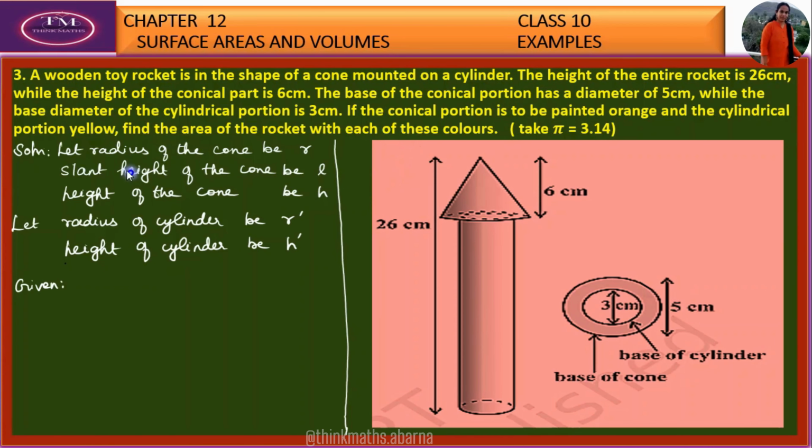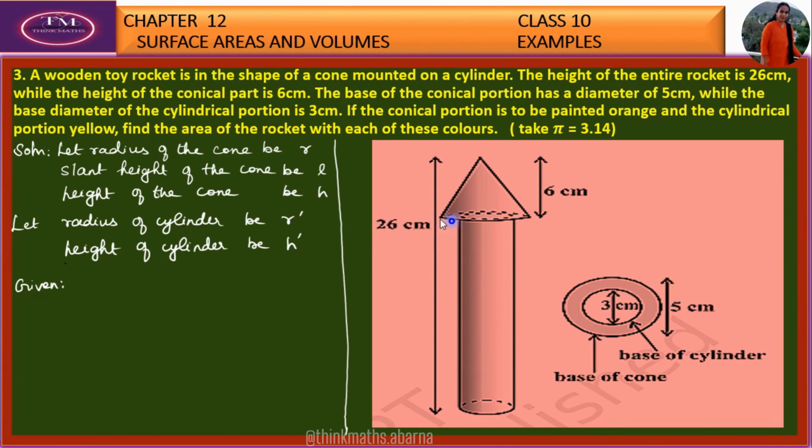So moving on to the problem. Now let us take the radius of the cone as R, slant height of the cone as L and height of the cone as H. Next, radius of the cylinder as R dash, height of the cylinder as H dash. Now what is given?